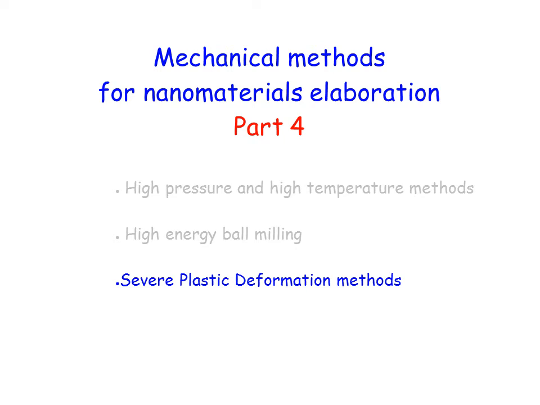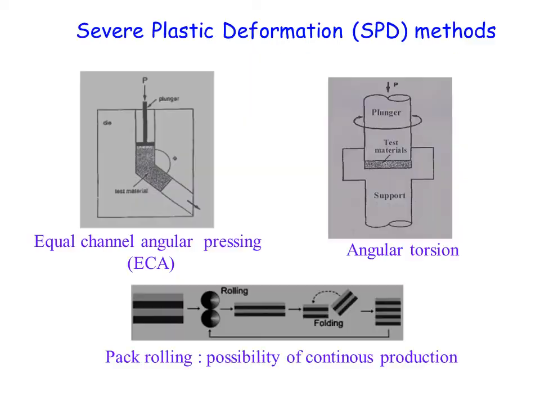Severe plastic deformation. This is the last method for nanomaterials elaboration by mechanical means that we are going to consider. In this term, severe plastic deformation, also called SPD, we find a full family of methods like equal channel angular pressing, ECAP, angular torsion, or pack rolling, which brings the possibility of continuous production.